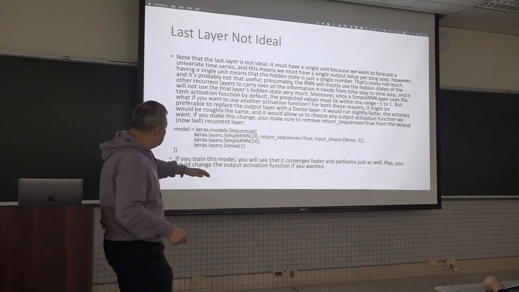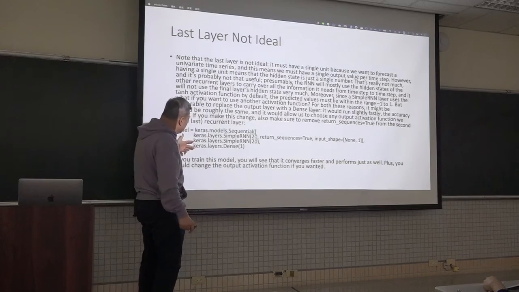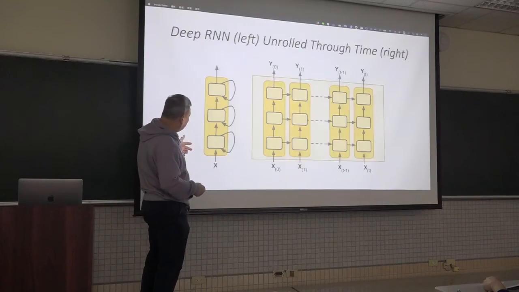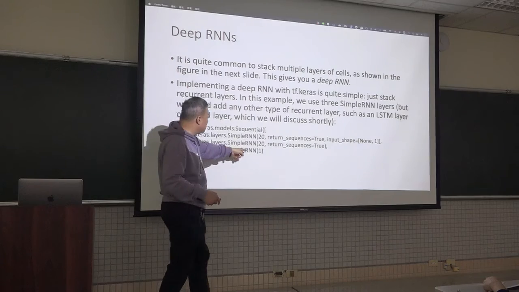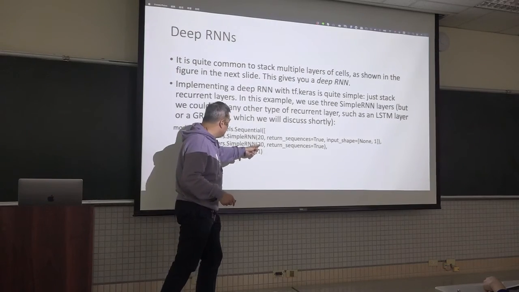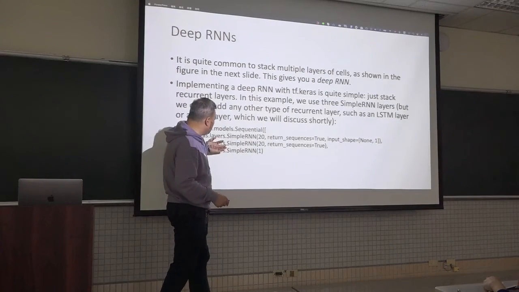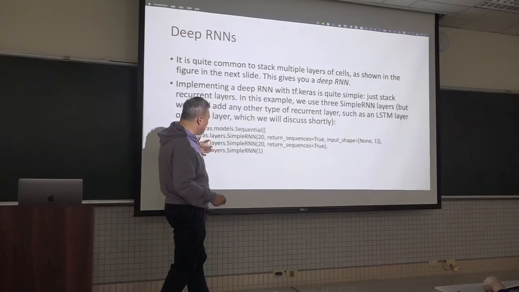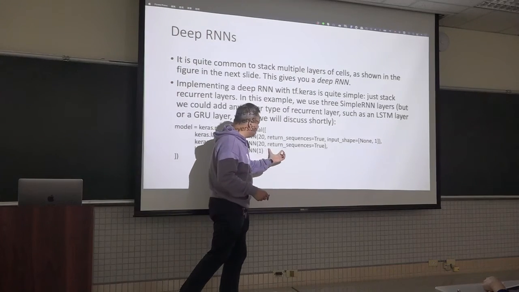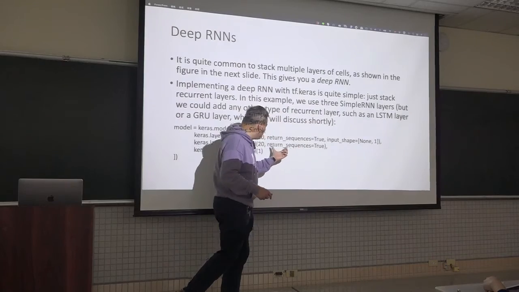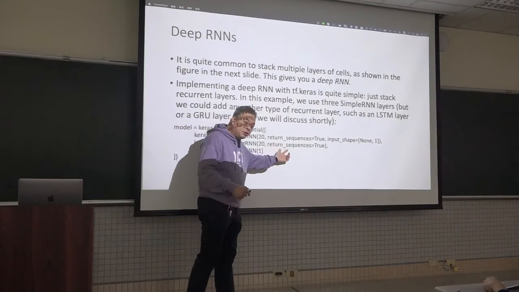If this one expects the sequence input, like the model that we had earlier, then the previous layer, if it's also formed by recurrent neurons, you have to set return sequences equal to true in order for this layer to output a sequence.